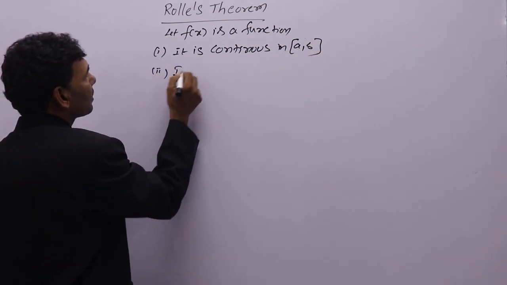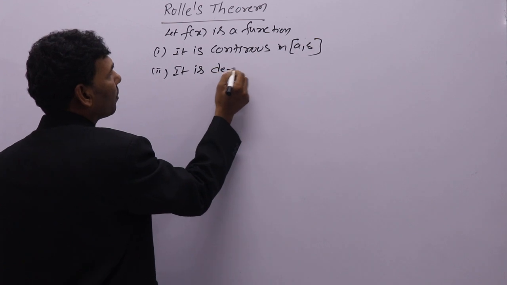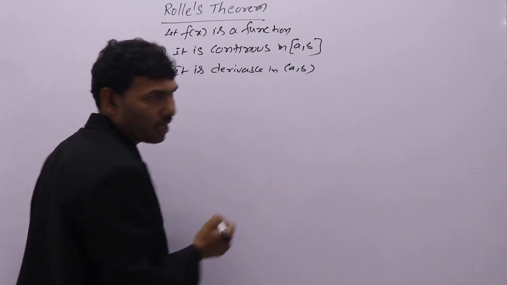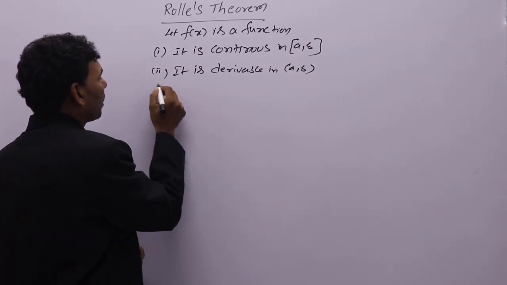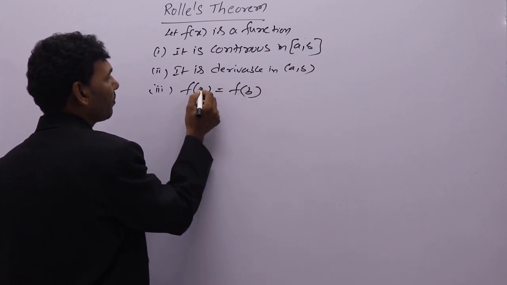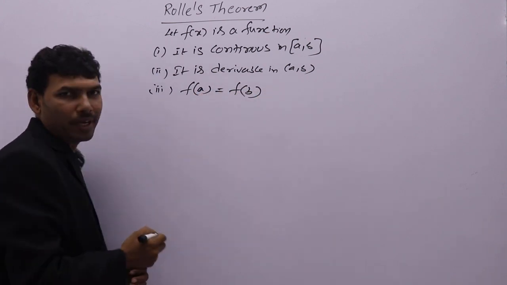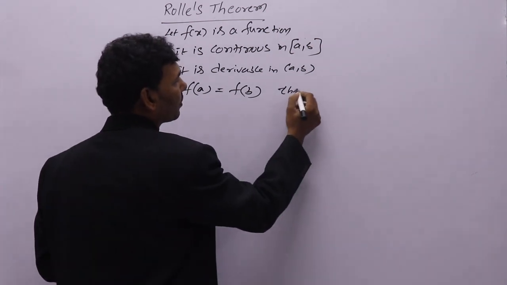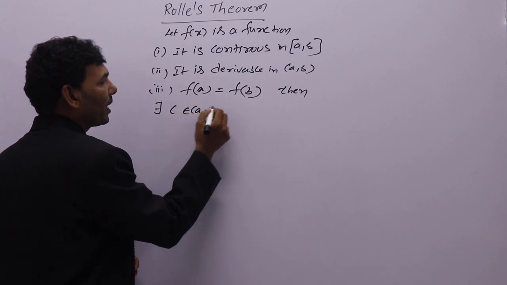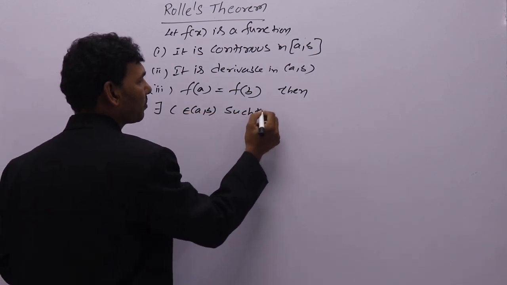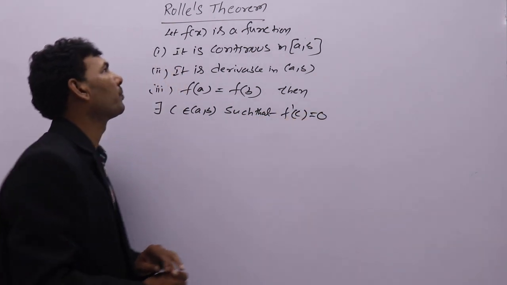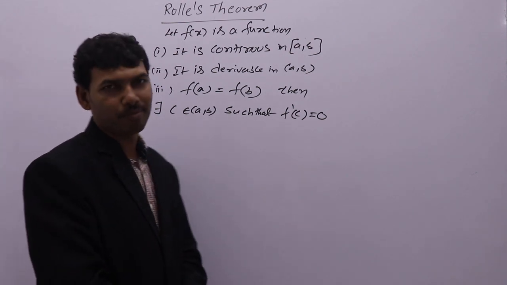It is derivable in open interval a comma b. F of a equal to f of b. Then there exists c in open interval a comma b such that f dash of c equal to 0. This is Rolle's theorem statement.